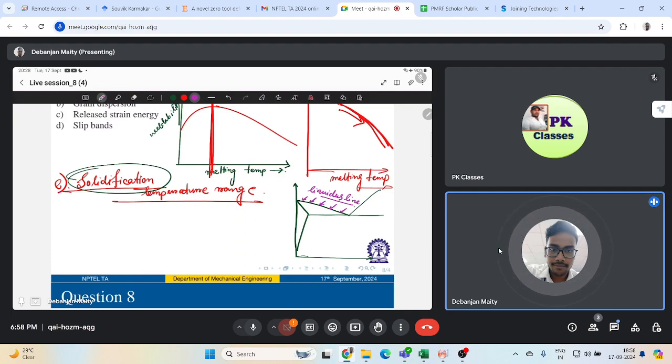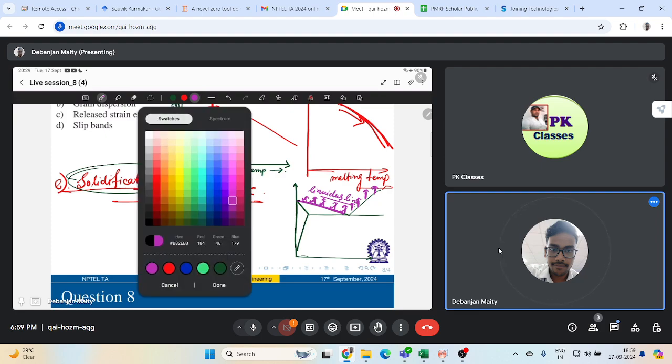Any alloy will not melt at a single temperature. It will melt or solidify over a range of temperature. Now this is my liquidus line, which tells me that above this line, everything will be in liquid state, right?